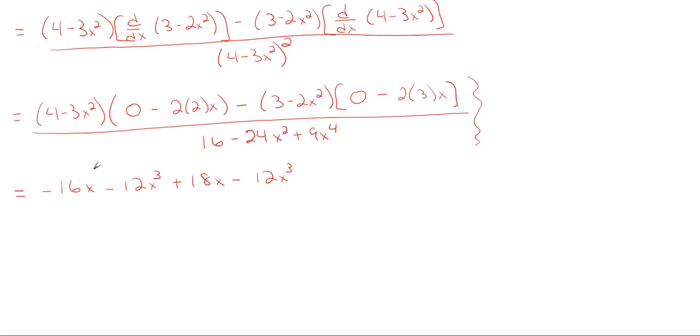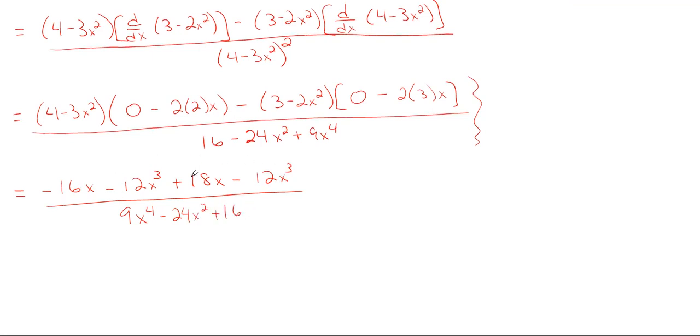So that would be my entire numerator. And then my denominator, if you want to rearrange to the highest power going first, you would have 9x to the 4th minus 24x squared, and then plus 16.